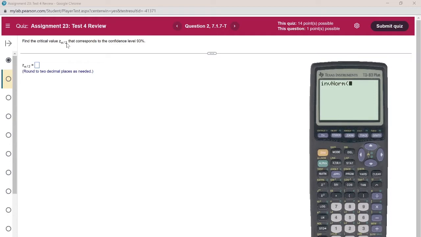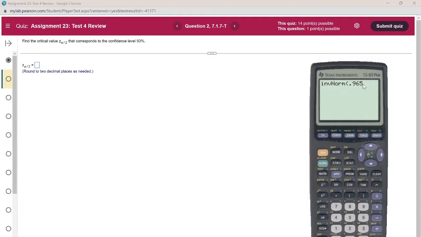That alpha over 2, 3.5%, is to the right, and to use this function we need the area under the curve to the left, which is 100 minus 3.5%, which is 96.5. So I put in 0.965.